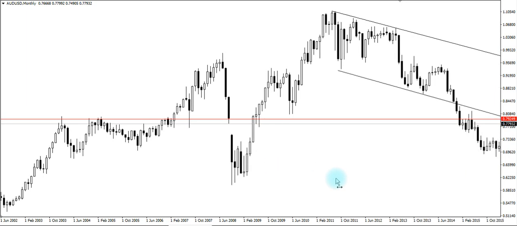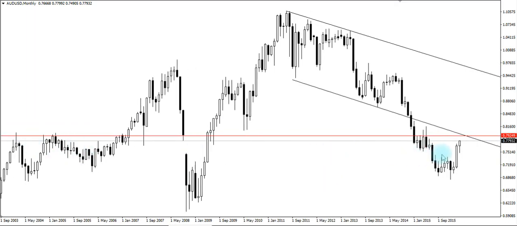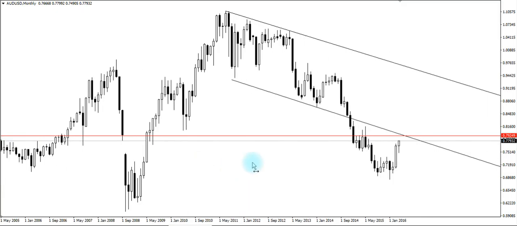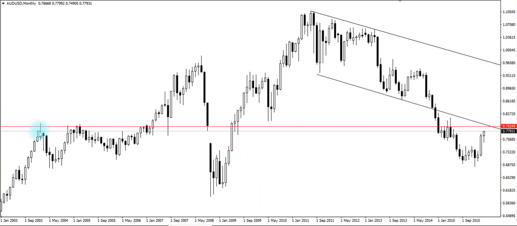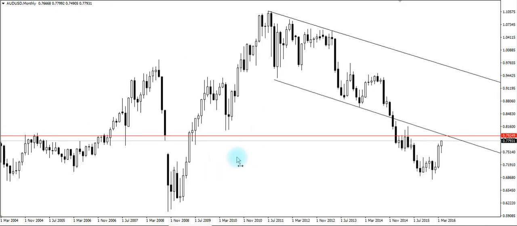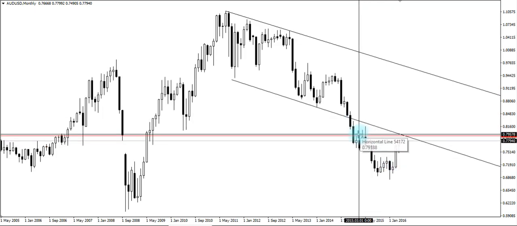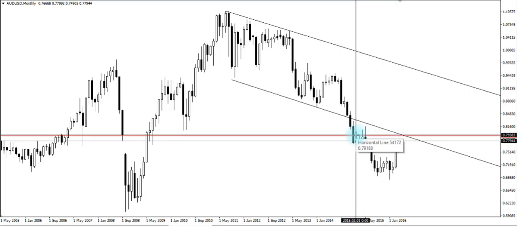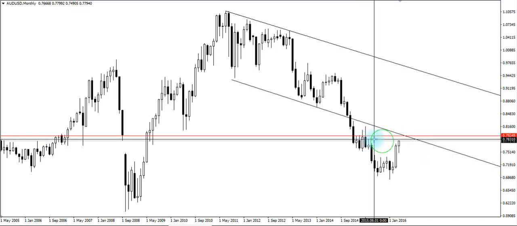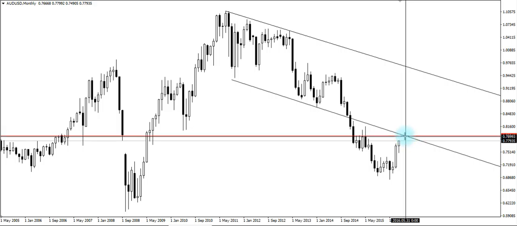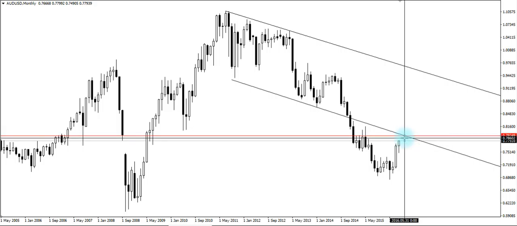you can see that this level at 0.7924 was a key resistance in the past, all the way back in 2003, 2004, and just before it goes lower right here in early 2015, it was a very strong resistance. Price is about to reach the level which coincides with the bottom of the previously falling trend channel.